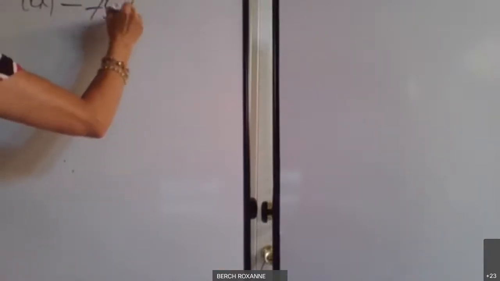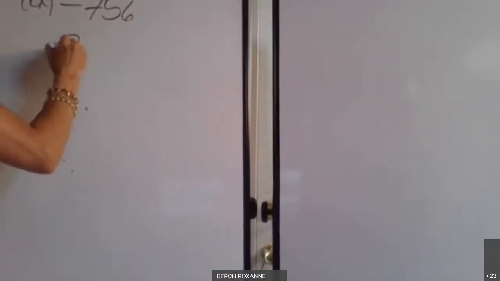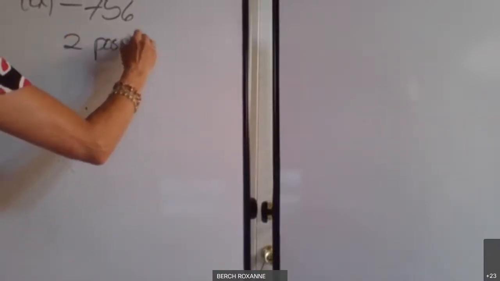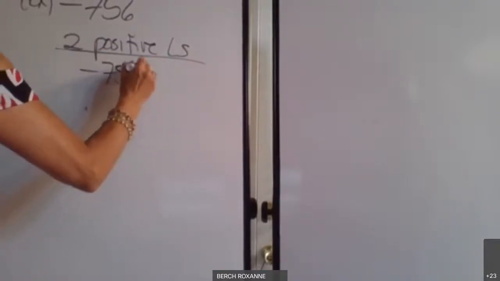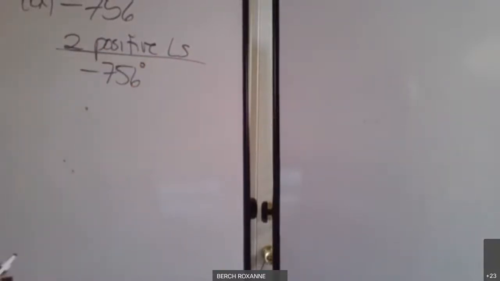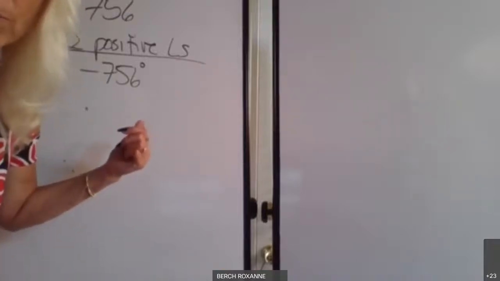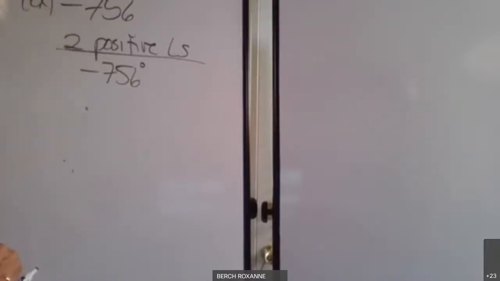So let's just take one in degrees. Well, they want 2 positive coterminal angles. Well, adding 360 is not going to give you a positive. Adding 720 is not going to give you a positive. Right?